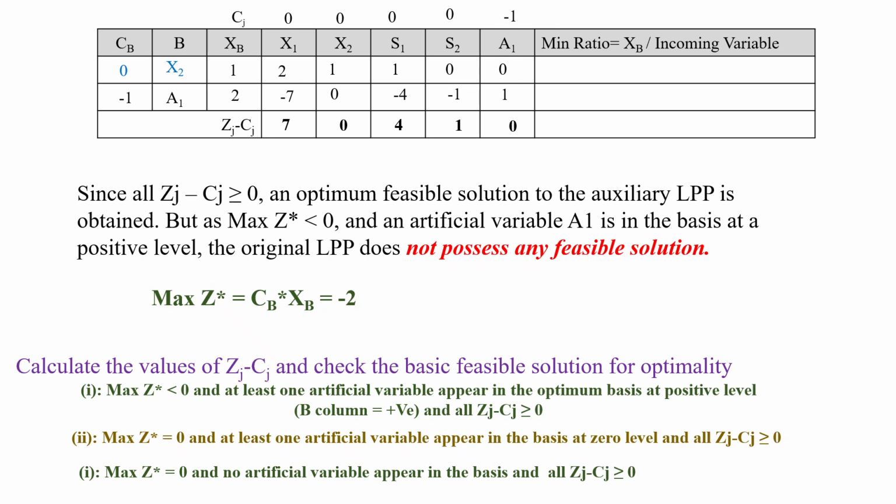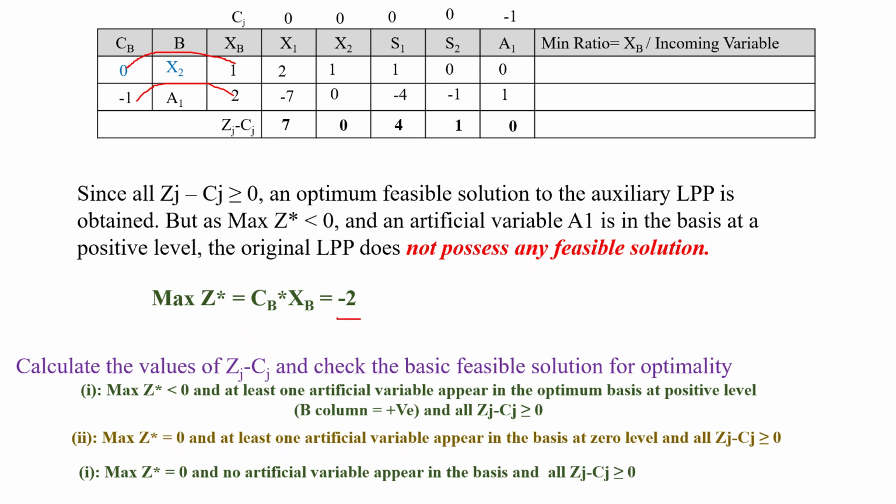Maximum Z star is the product of CB into XB, that is 0 into 1 plus minus 1 into 2. It is minus 2.